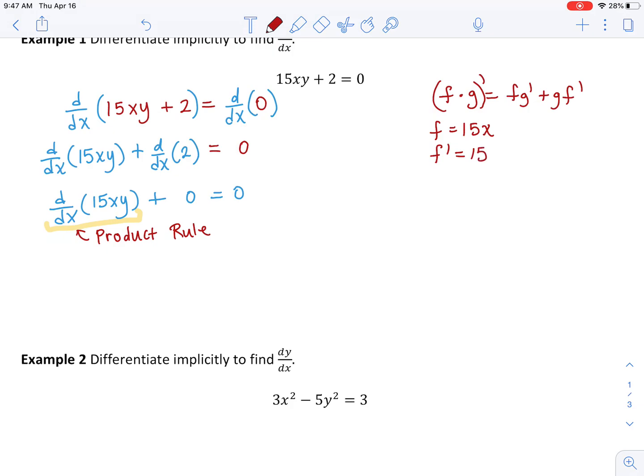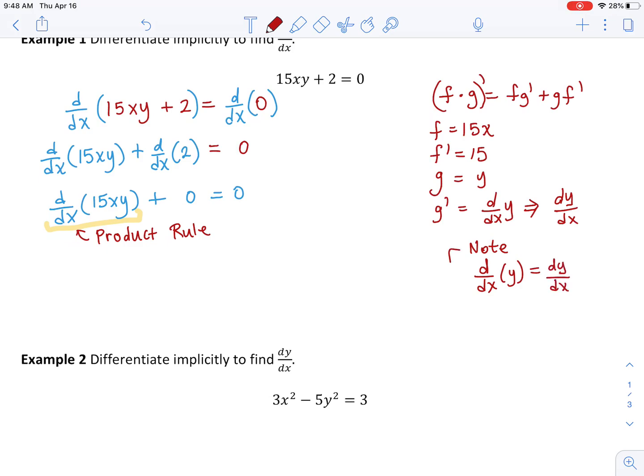The first piece is 15x. The derivative of f with respect to x is going to be 15. g is y. But if you take the derivative of y with respect to x, what's that going to be? d dx of y, just write that as dy dx. Remember that, okay? Note, the derivative of y with respect to x is dy dx.